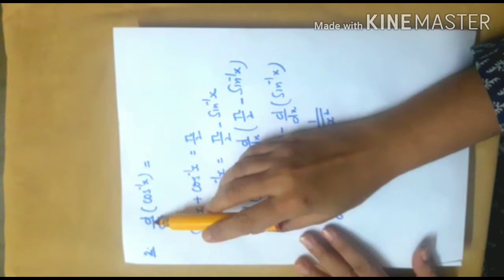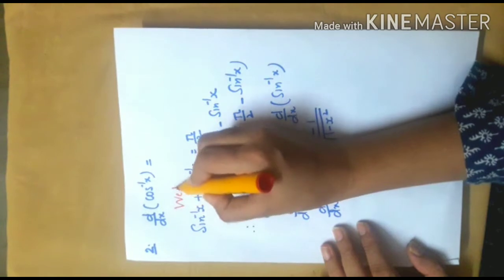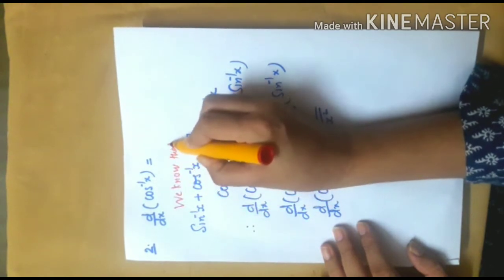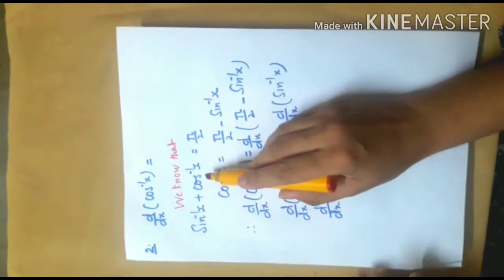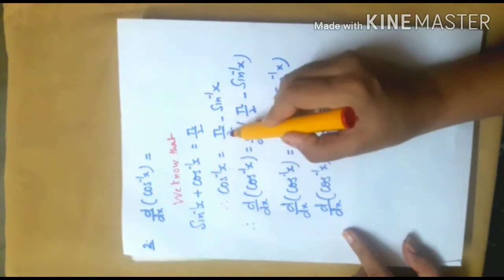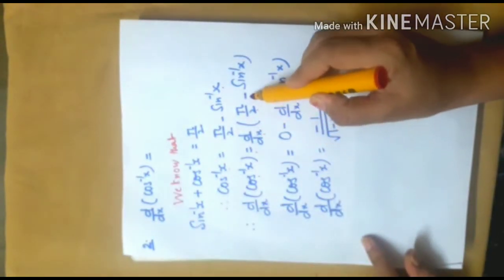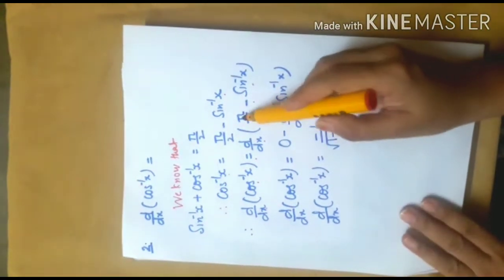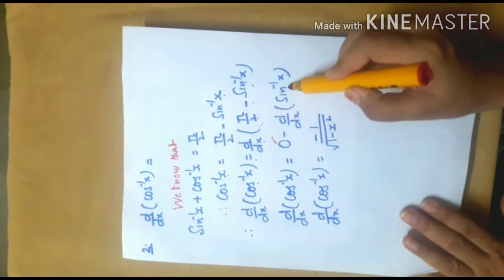Now we will find out the derivative of cos inverse x. We know that sine inverse x plus cos inverse x is equal to pi by 2. This we learnt in chapter 2, inverse trigonometric functions. From here, cos inverse x can be written as pi by 2 minus sine inverse x. So the derivative of cos inverse x will be equal to the derivative of pi by 2 minus sine inverse x. Here pi by 2 is a constant, so its derivative will be 0, minus the derivative of sine inverse x.